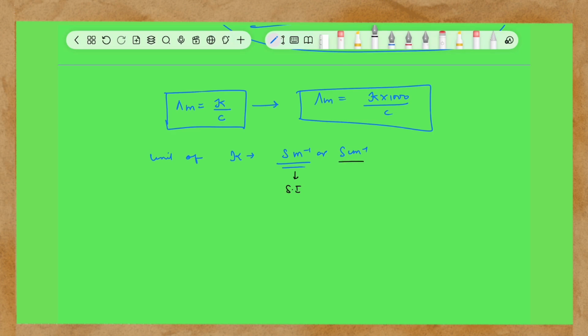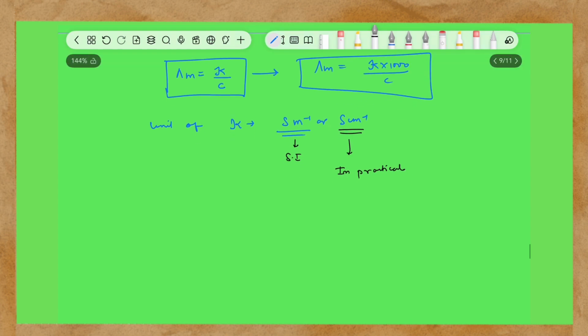But in practice we use Siemens per centimeter, because generally we have a cell of centimeter length in which we are taking our electrolyte. The cell containing electrolyte is generally centimeters in length, not 1 meter. That's why we generally use this unit.